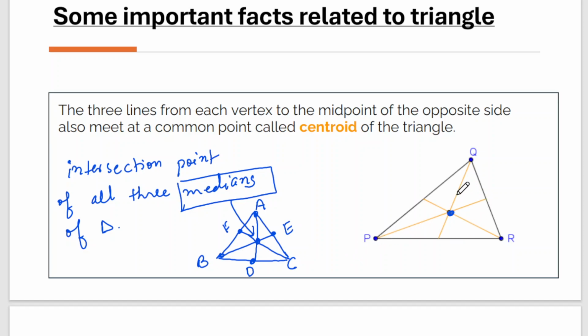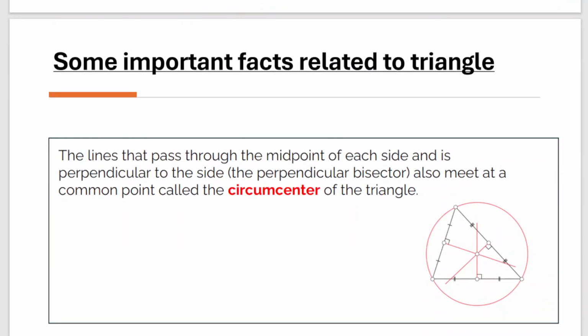All the three medians are intersecting at one point, and this is only you can call as centroid. Centroid is a point of intersection of all the three medians. Okay, and what is medians we have discussed right now.